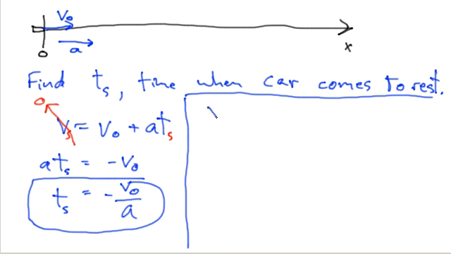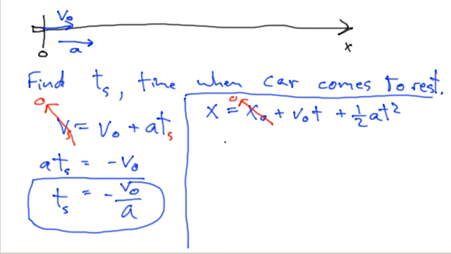Position, from our constant acceleration equations, is x0 plus v0t plus 1/2 at squared, where the initial position is given as 0.